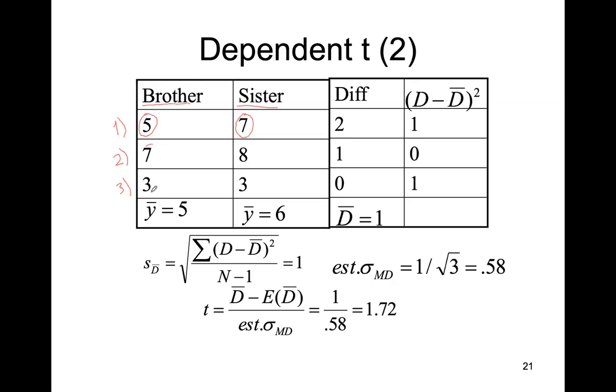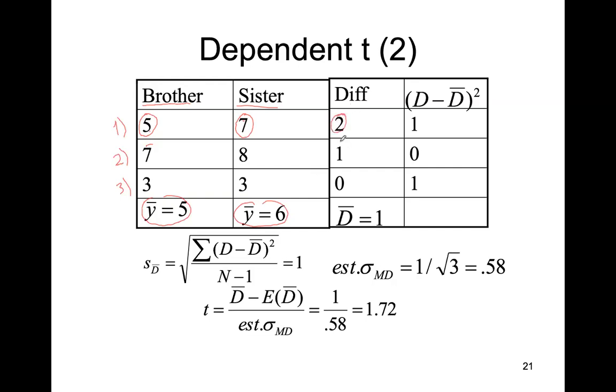We find the average of these, okay, but we will not be using them. So we will be mainly focusing on the difference. We are not interested in the exact values. Look, 7 minus 5 is 2, 8 minus 7 is 1, 3 minus 3 is 0. So this is going to be my difference.